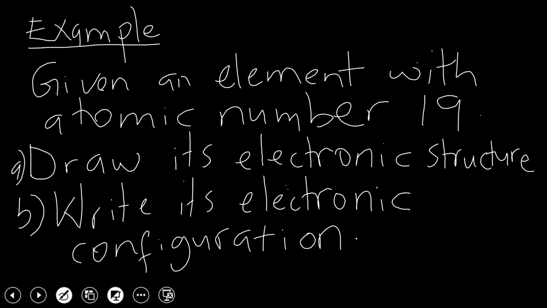First copy that question. I give you 1 minute. I hope you are done. The question says, given an element with atomic number 19, draw its electronic structure. Then part B says, write its electronic configuration.